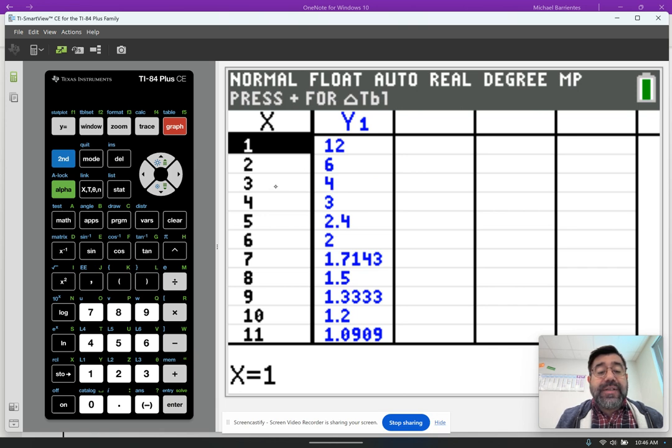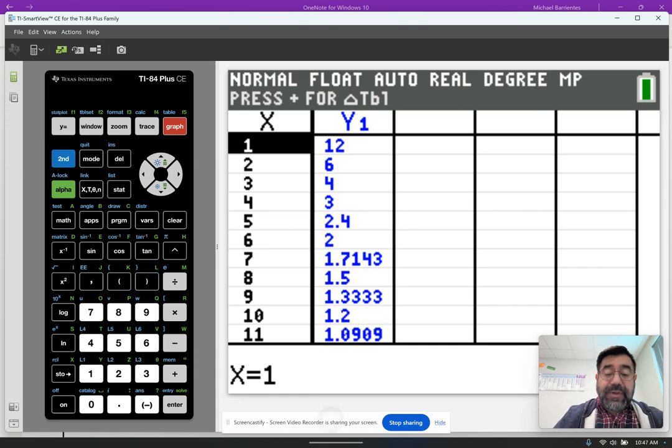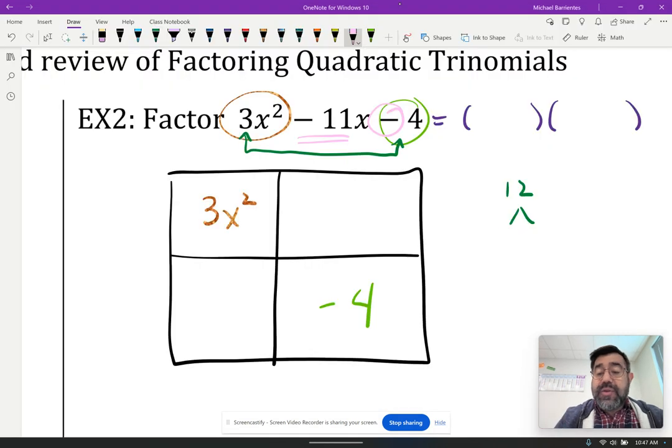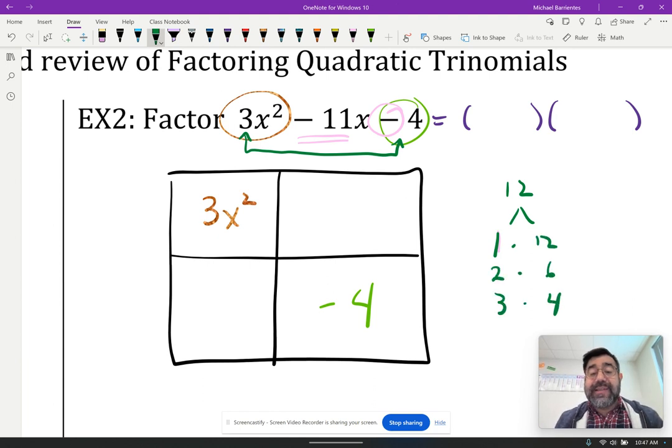But then I notice it repeats and just reverses: 4 times 3, and then 6 times 2 again. So really there are only 3 pairs: 1 and 12, 2 and 6, 3 and 4. I'm going to write them down on my paper, in green: 1 times 12, 2 times 6, 3 times 4, and that's it.